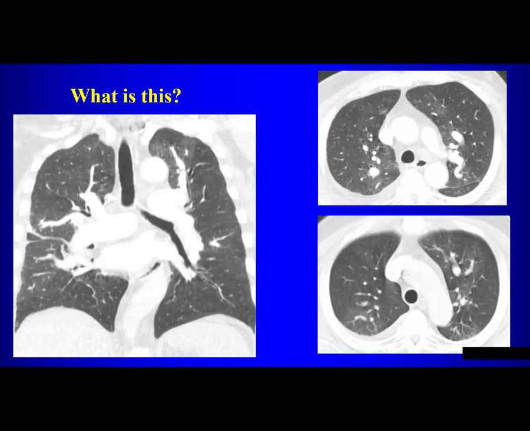On the right lower image, and on the upper one, too. Okay, and now when you look at the blood vessels, what do you notice about the blood vessels in the areas of lower lung attenuation compared to the areas of higher lung attenuation? Look at the blood vessels here compared to here.